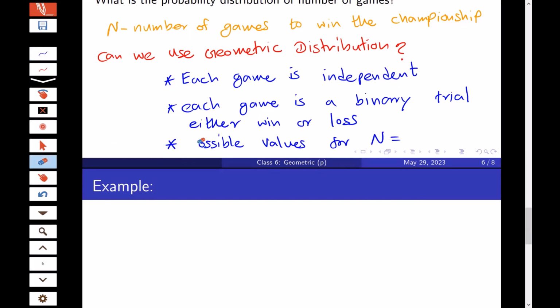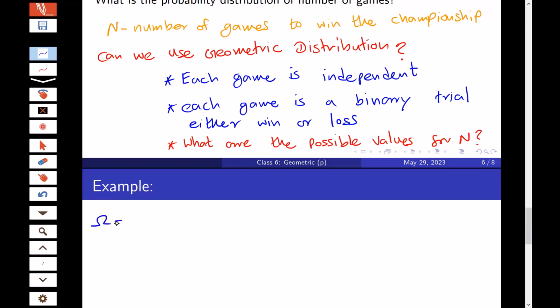Let's calculate the possible values for N.